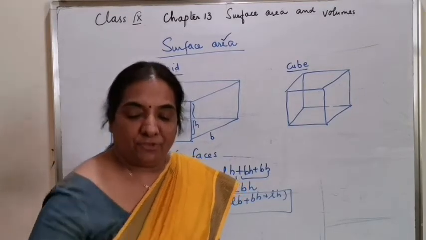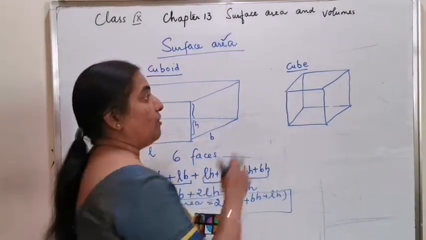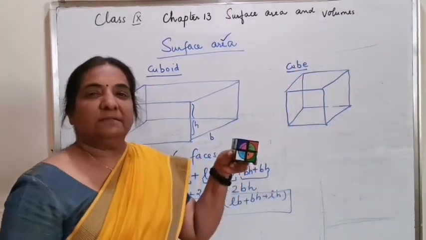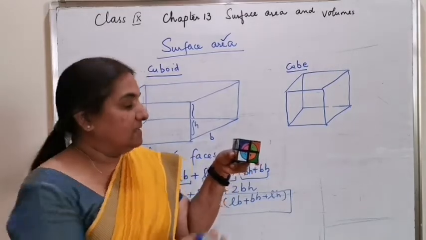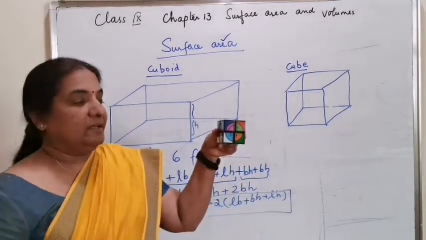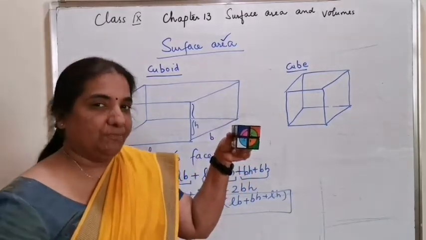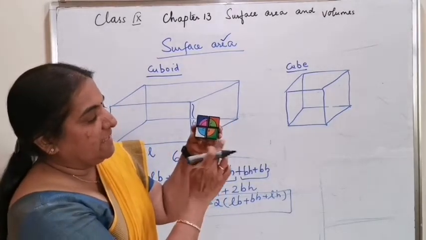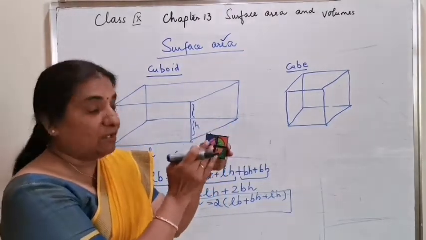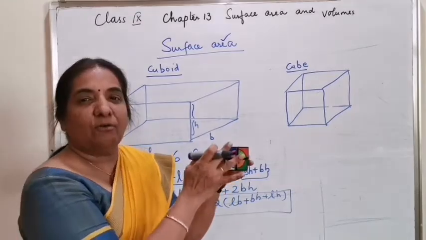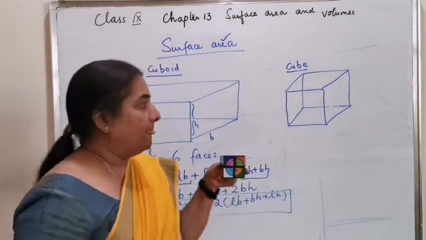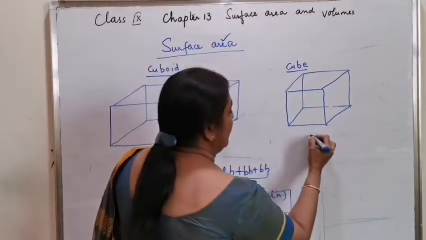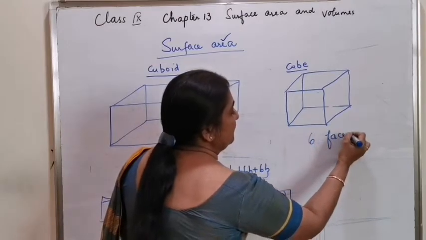Similarly, if you take the example of a cube, the available material with me, this is the solid representing a cube. If you see the edges, there are 12 edges, but all the edges are of equal length. There are again 6 faces.